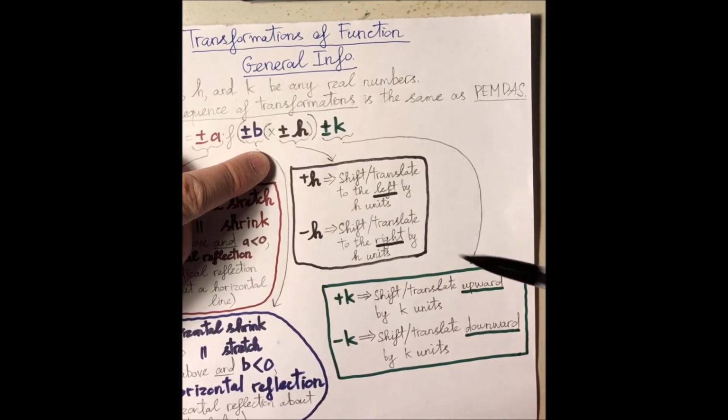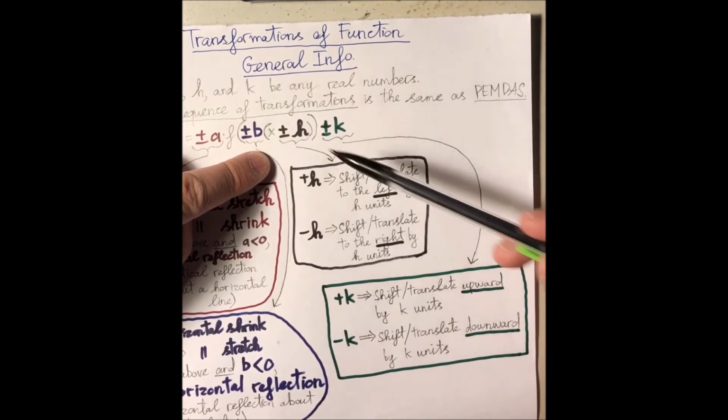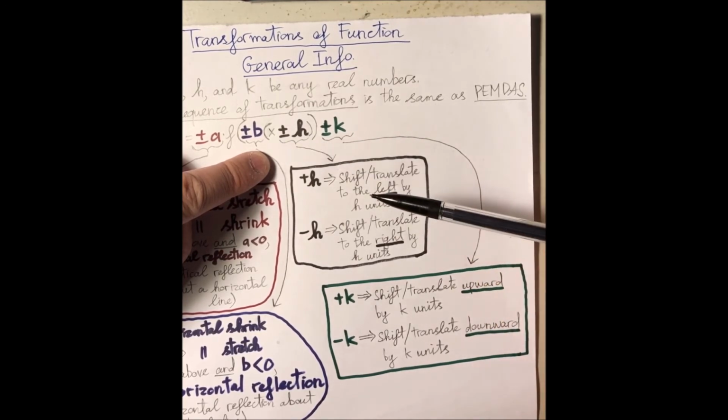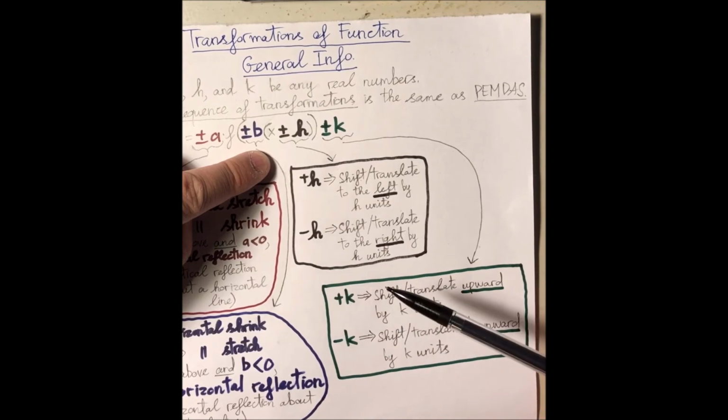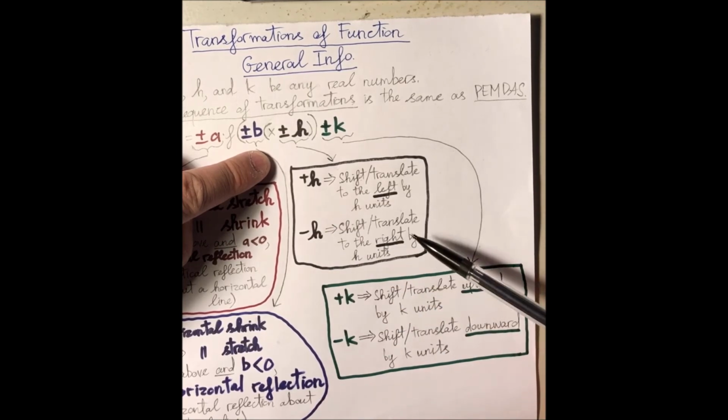So, for example, if h is 4, you would have x plus 4 inside your function. So the plus 4 means your function will be shifted or translated to the left by 4 units. And of course, in a similar fashion, if you have minus h, then it's just going to be shifted and translated to the right by h amount of units.